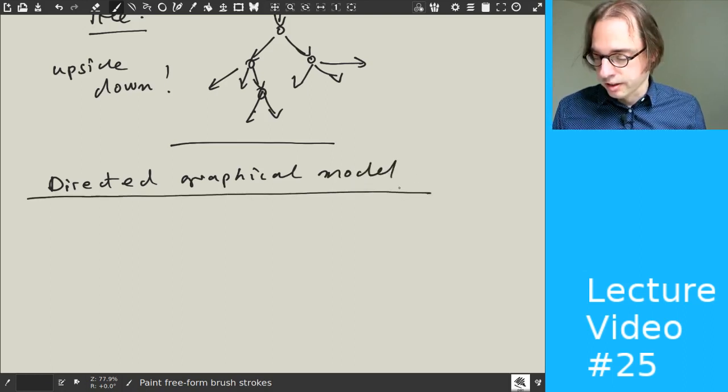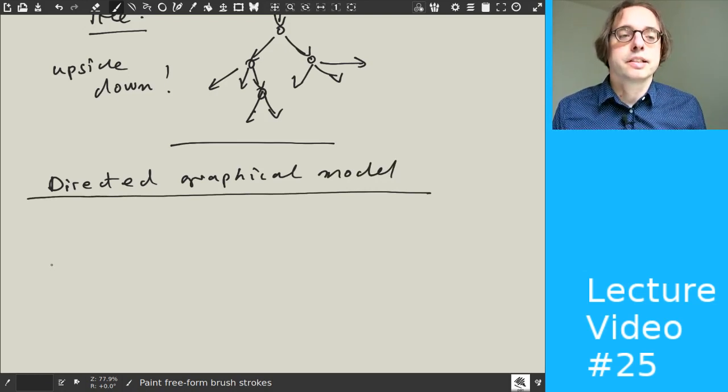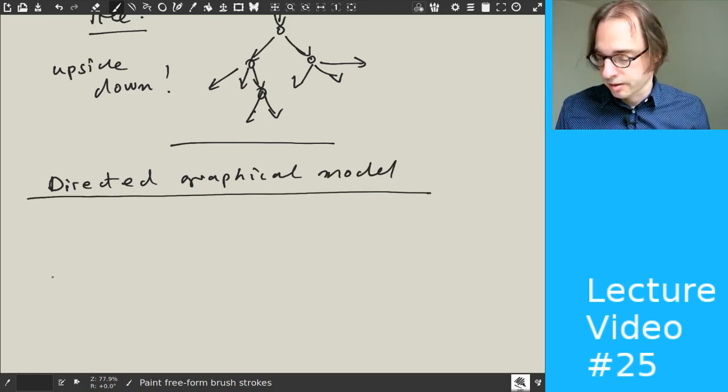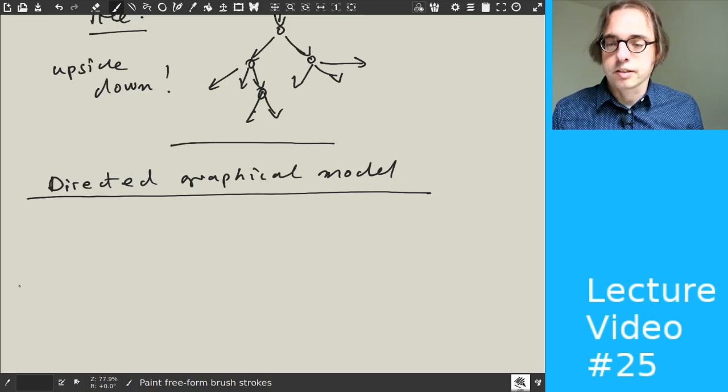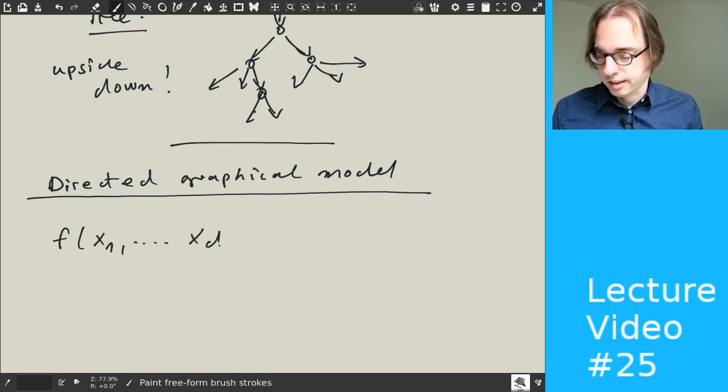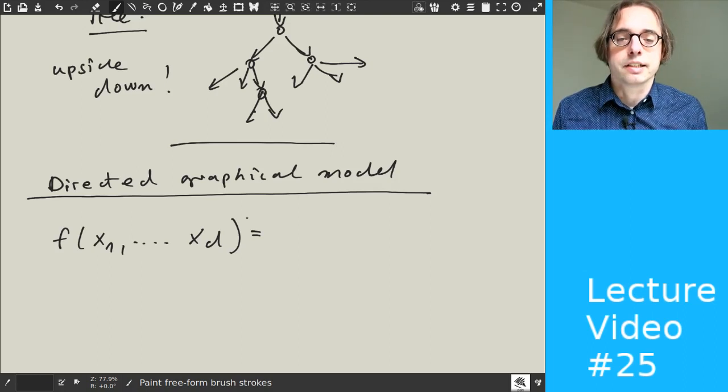A directed graphical model is as follows. I said in the beginning we would like to model the joint distribution, f(x1, ..., xd), and in a DAG the joint distribution is relatively easy to write down, because you only write down the conditional distributions.